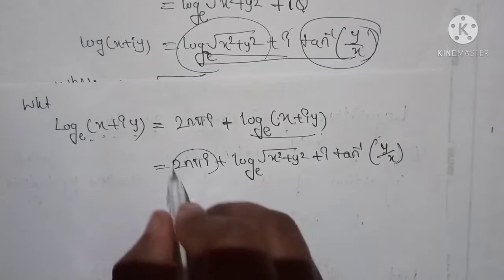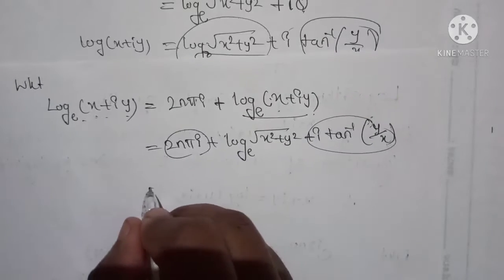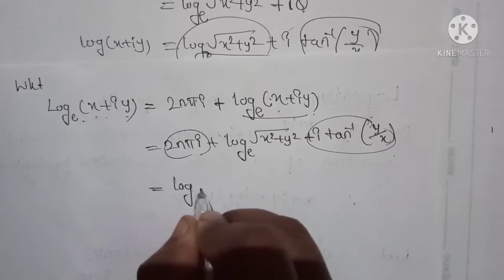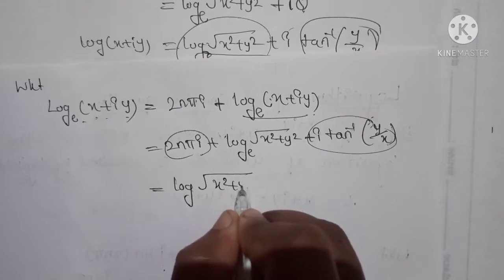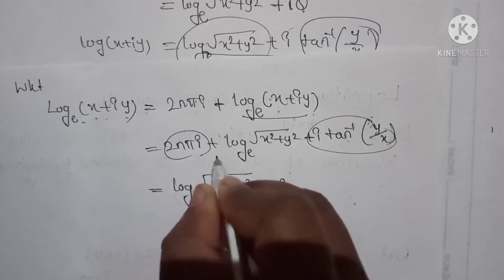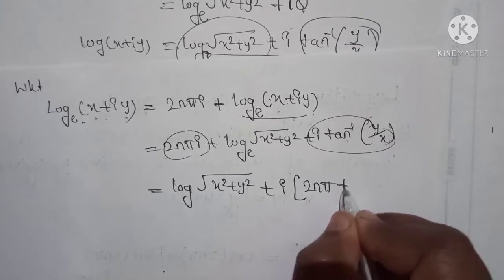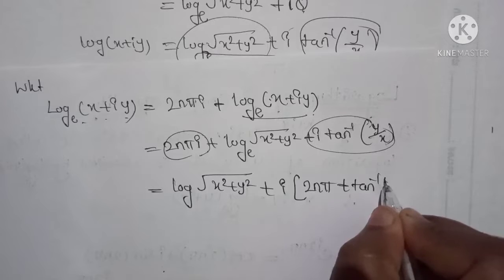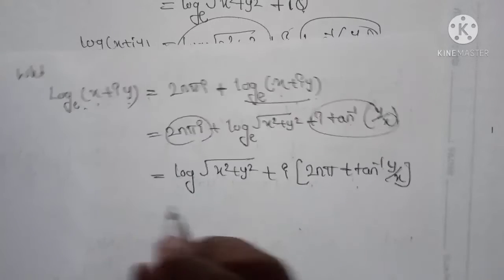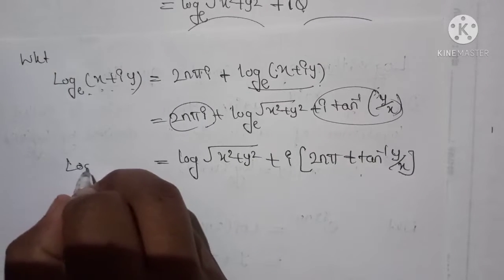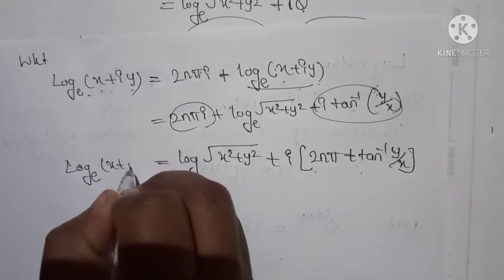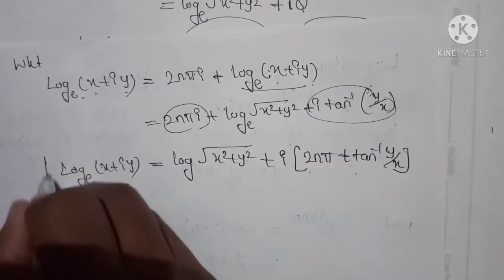Grouping the imaginary parts on one side, we can write it as log of square root of x square plus y square plus, on taking i common, i times 2n pi plus tan inverse of y by x. So this is the general value of log of x plus iy.